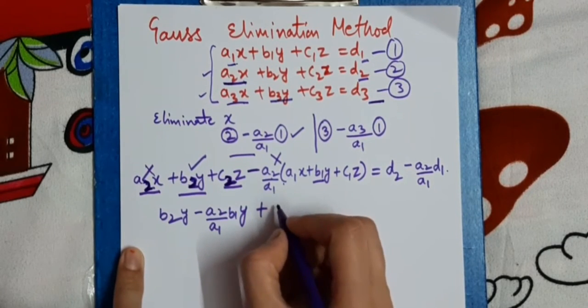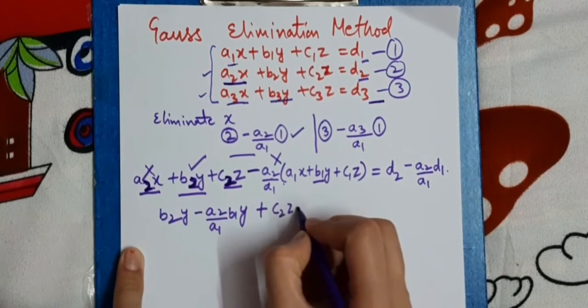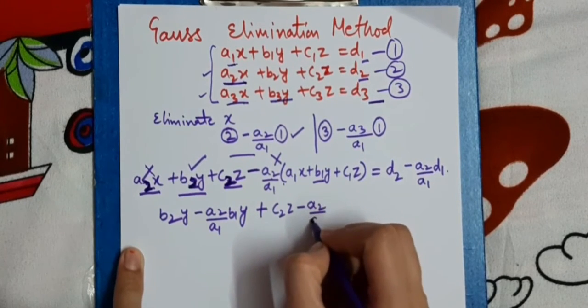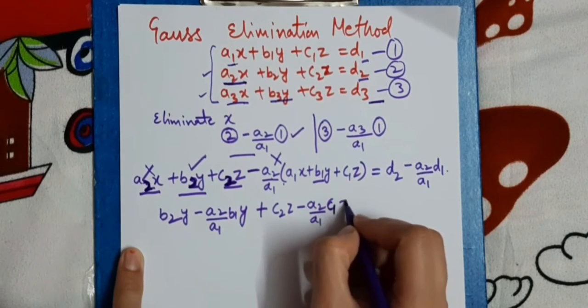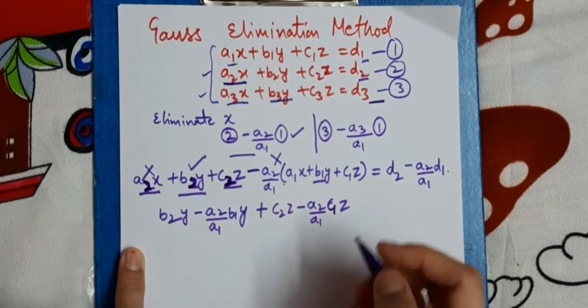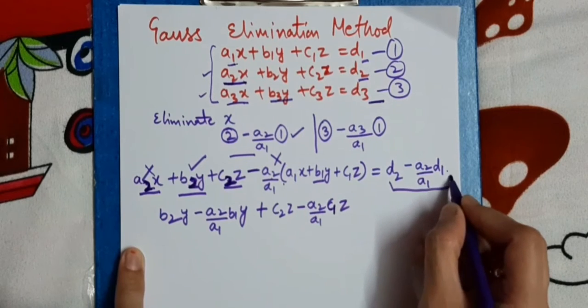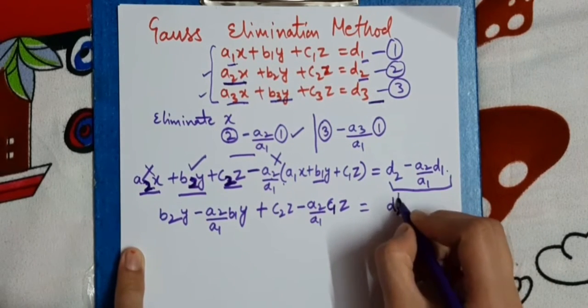Collect the term of z: c2z minus a2 by a1 c1z. Let the constant be d2 dash.